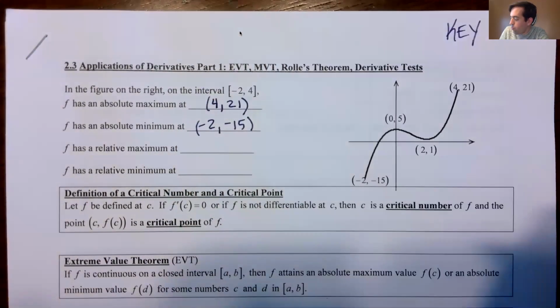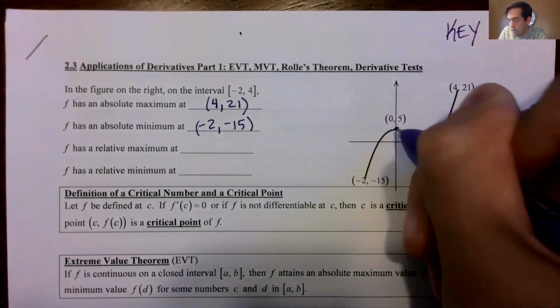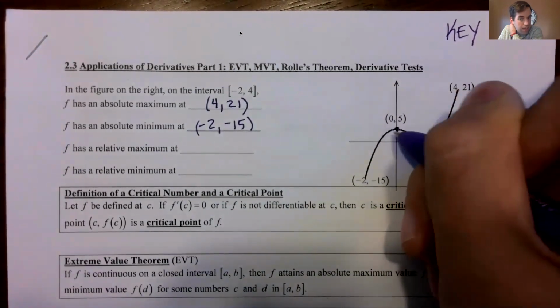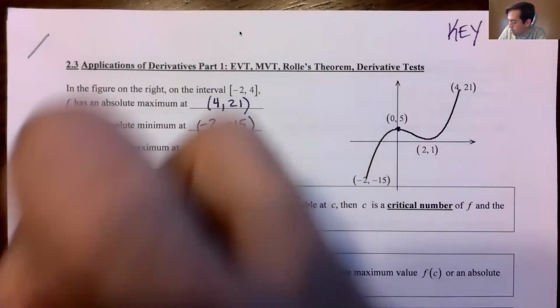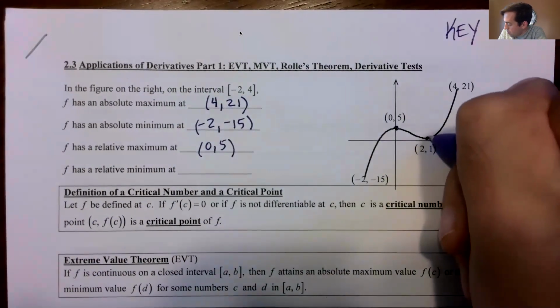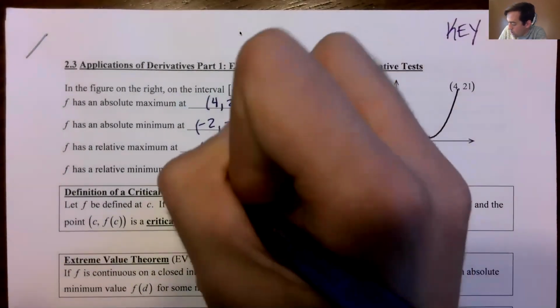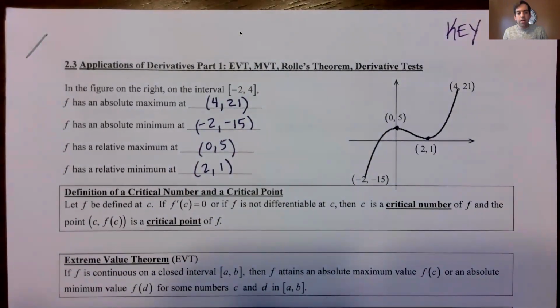We only have one relative max on this graph, and that's right here. It's in the close vicinity of points. It's the highest, and that's at 0,5. And we have a relative minimum here at 2,1. All right. So that's kind of visually what we're talking about when we talk about maximum, minimum, absolute, relative.